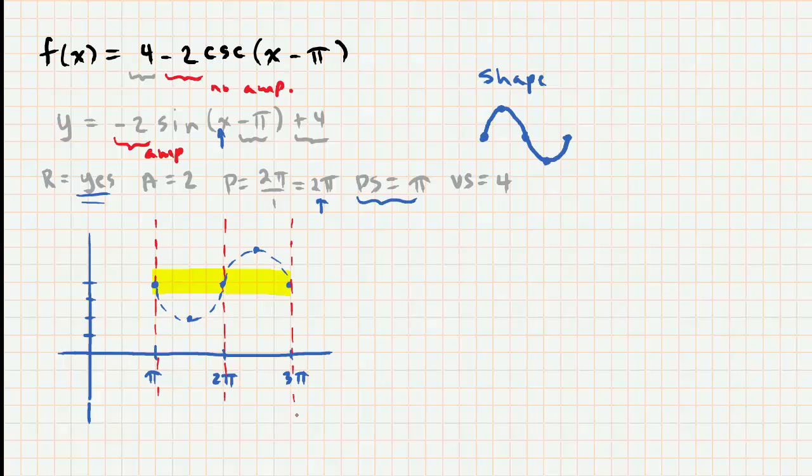So those are the asymptotes. And now we fill in the blanks. So the reciprocal function will put a U above right here and an upside down U right there. That is a picture of the first period, or the principal cycle, of cosecant.